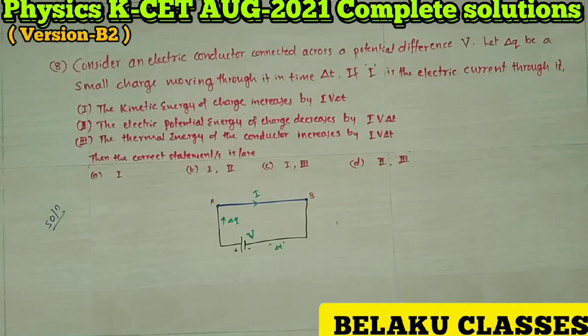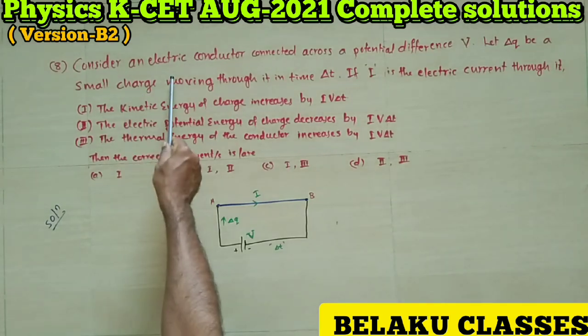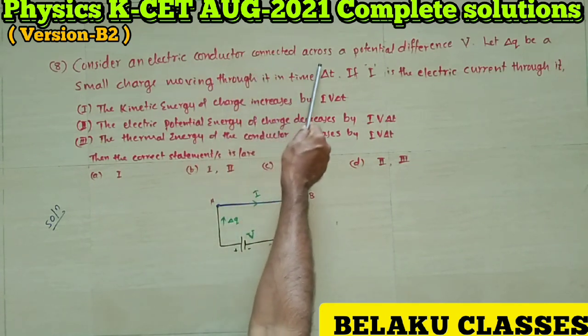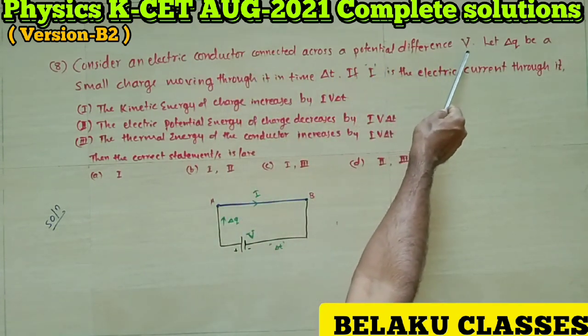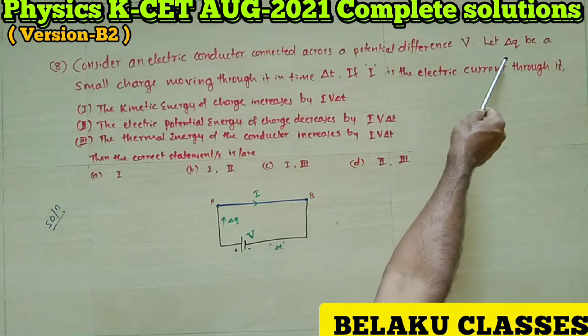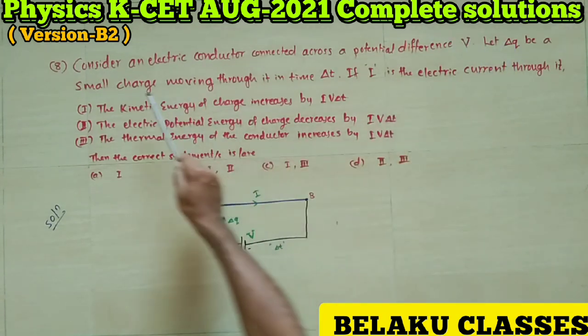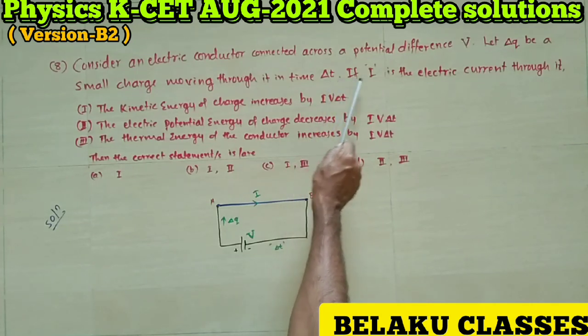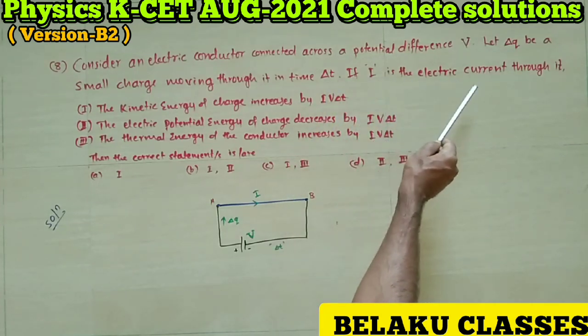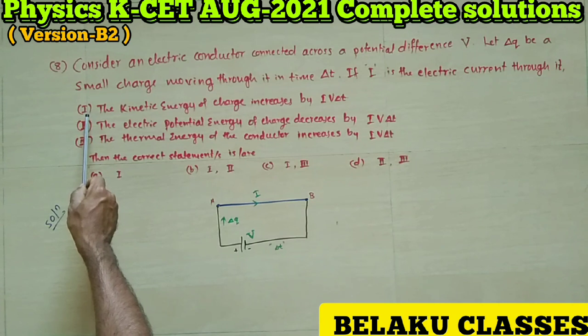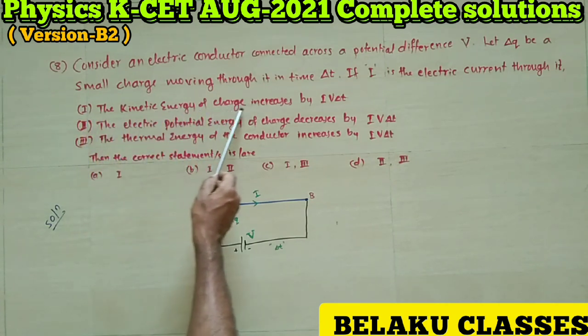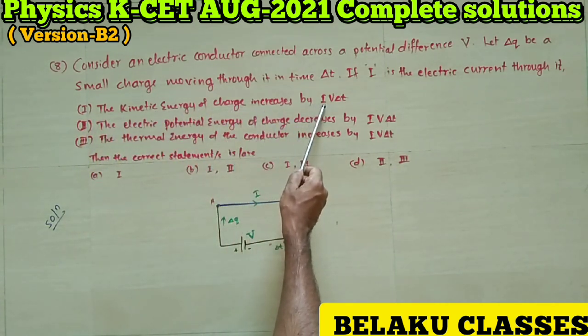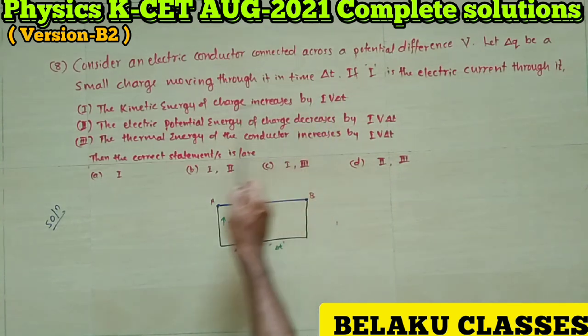Now we shall move on to question number 8. Consider an electric conductor connected across a potential difference of V volt. Let delta Q be a small charge moving through it in time delta t. If I is the electric current through it: first, the kinetic energy of the charge increases by a factor I into V into delta t.